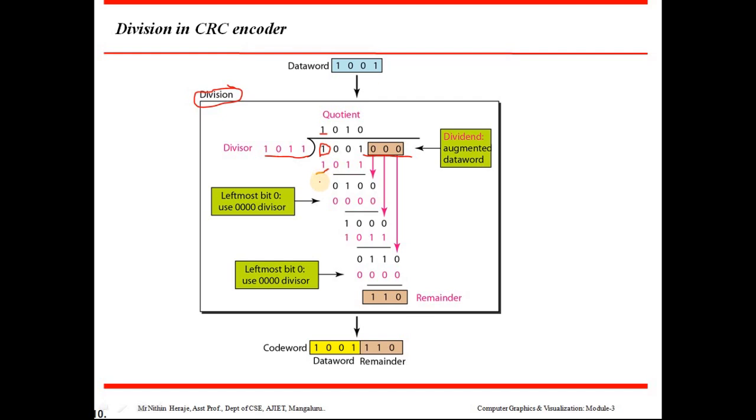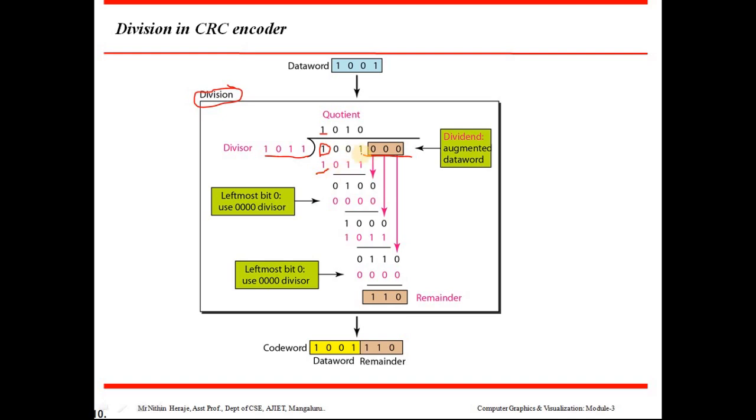Okay, so what is the truth table for the XOR operation? We know that if the bits are 0 0 or 1 1, the result will be 0 for XOR, and if it is 1 0 or 0 1, the result will be 1 for the XOR operation.